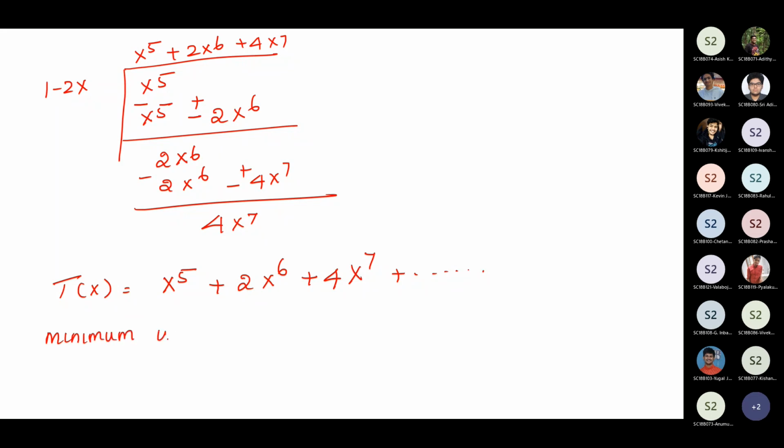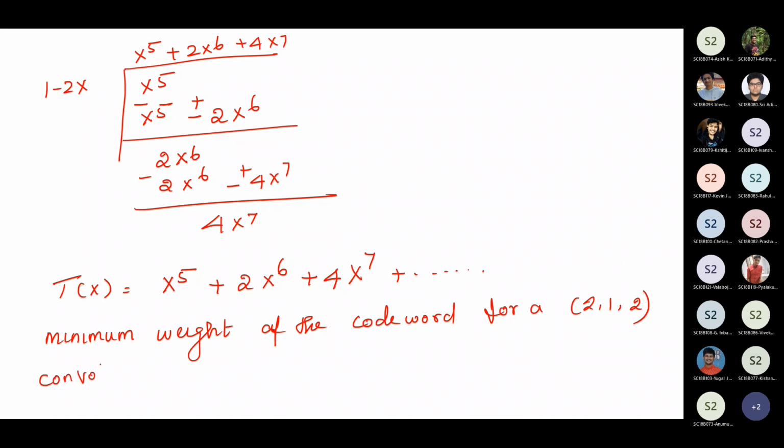So the minimum weight of the code word for a (2,1,2) convolutional code is 5. This we call d free. If d free is 5, error detection capability will be d free minus 1, so it is 4.